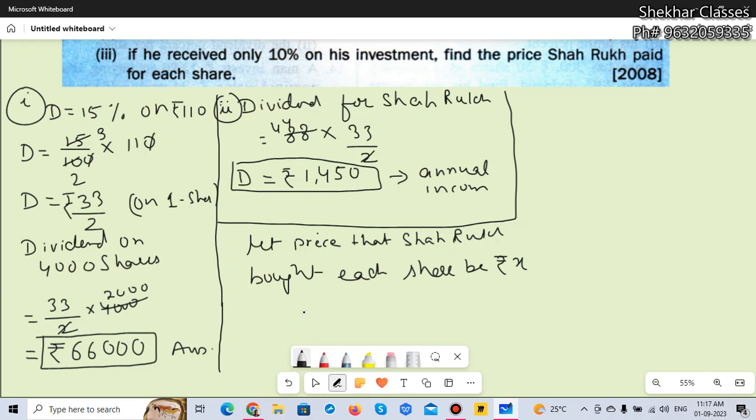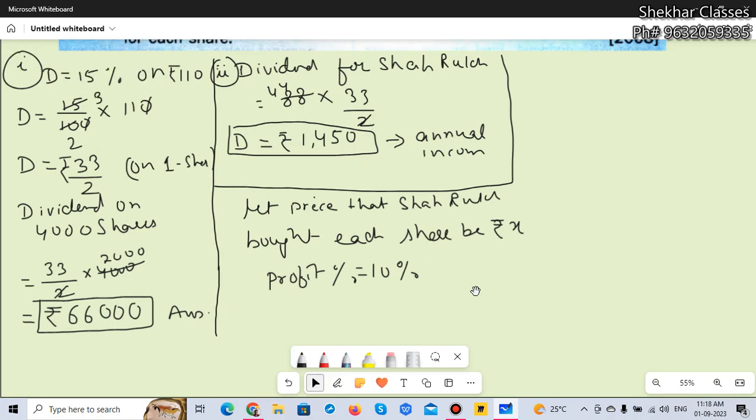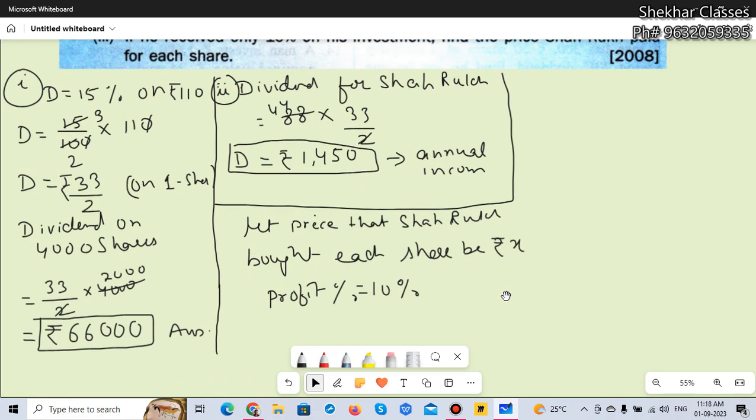He receives 10% of the investment. So his profit is how much? Profit is always on the earning. So profit percent is 10% here.